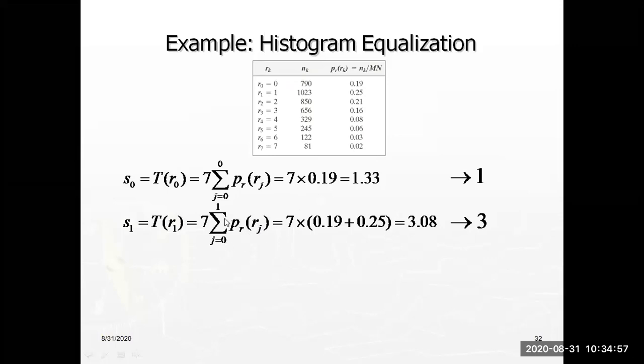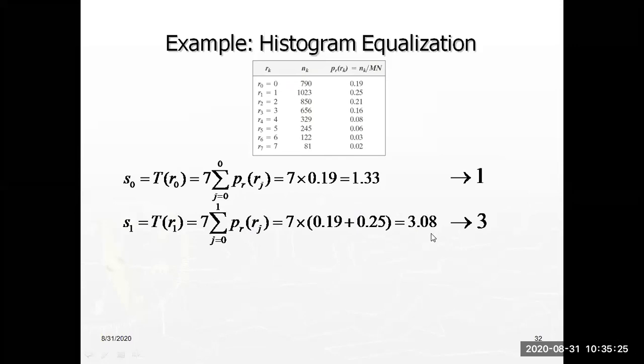What is the j value? There are two j values, so two probabilities. We have to combine j equal to 0 and j equal to 1: 0.19 plus 0.25. After adding these two, multiply with 7. You will get 3.08, which is rounded to 3.